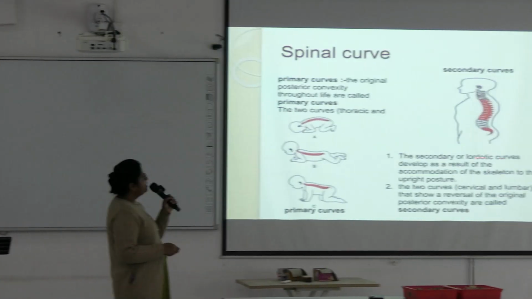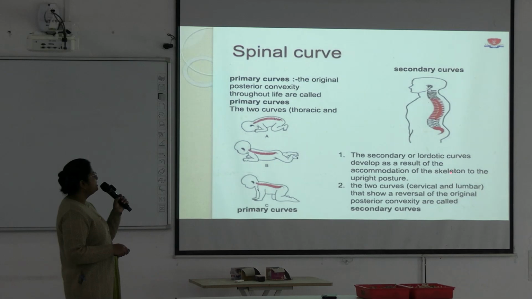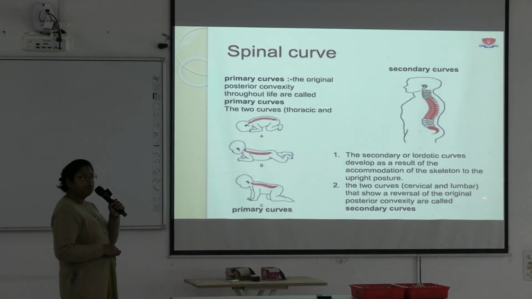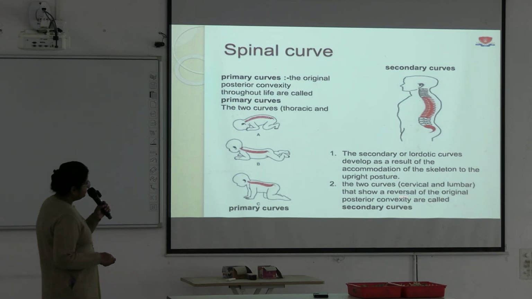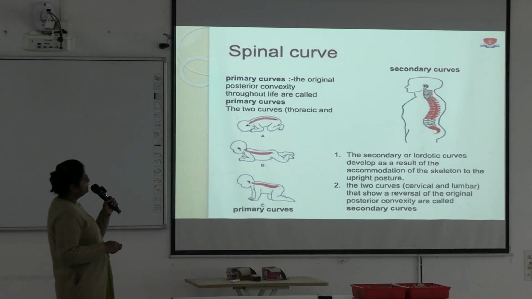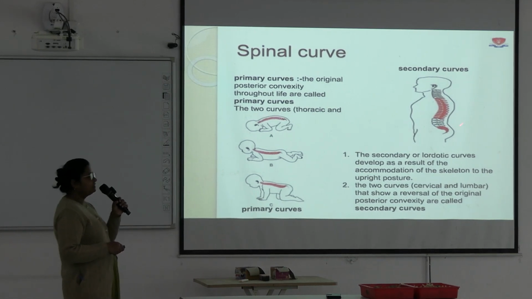The secondary or lordotic curves develop as a result of the accommodation of the skeleton to the upright posture. The two curves, the cervical and lumbar curves, that show a reversal of the original posterior convexity are called the secondary curvatures. So cervical and lumbar are the two secondary curvatures, and thoracic and sacrococcygeal are the two primary curvatures.